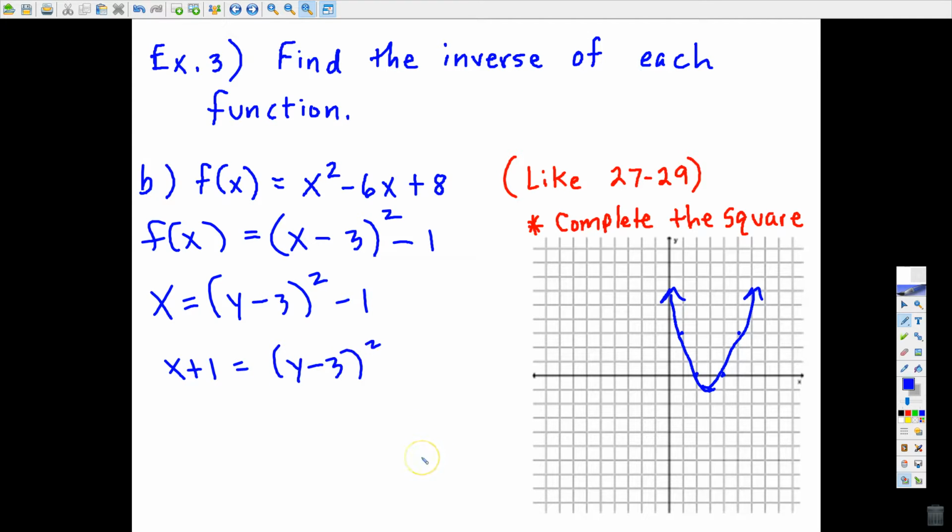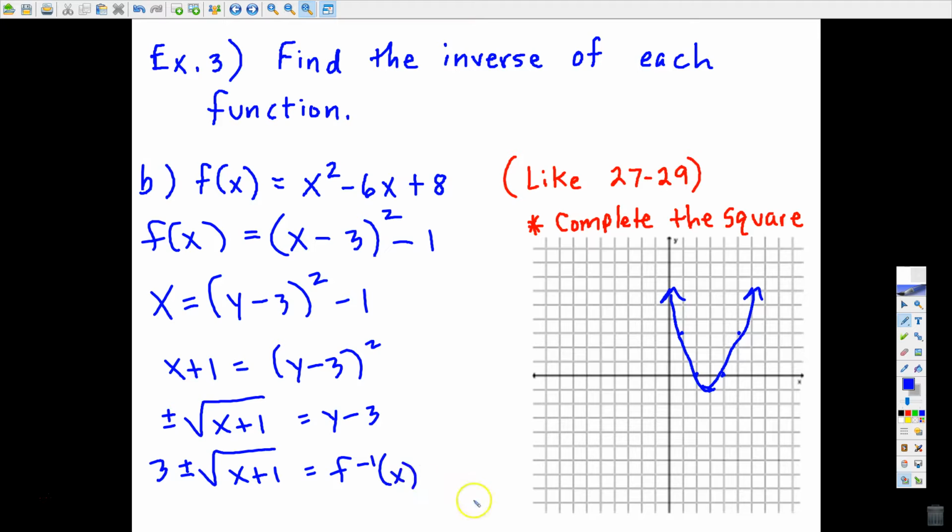Then I'm going to do the square root of both sides, and don't forget plus minus. And now I'm going to add 3 to both sides. And since this does represent the inverse, I'm going to use the notation. There's the inverse of f.